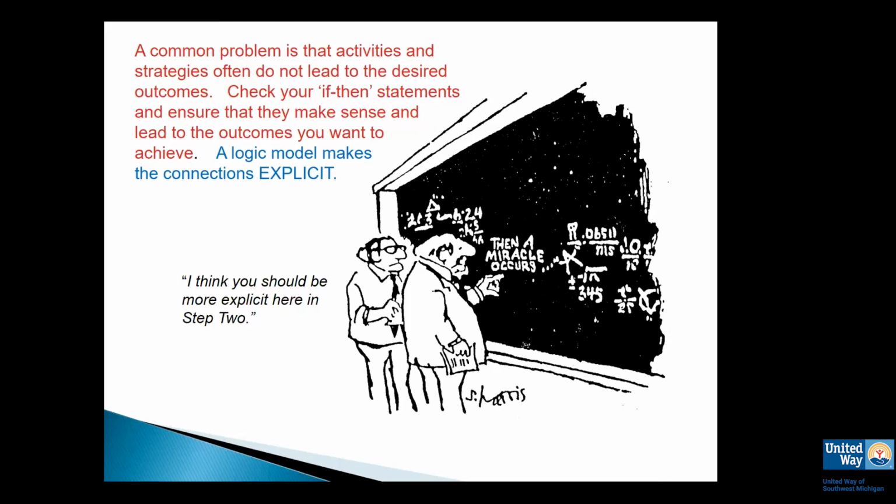And so, your common joke here is, I think you should be more explicit here in step 2, and that's oftentimes the way that evaluations get put together, where there's this big leap in logic and it's really hard to understand the relationship between the output that someone did and the outcome that came out as a result.